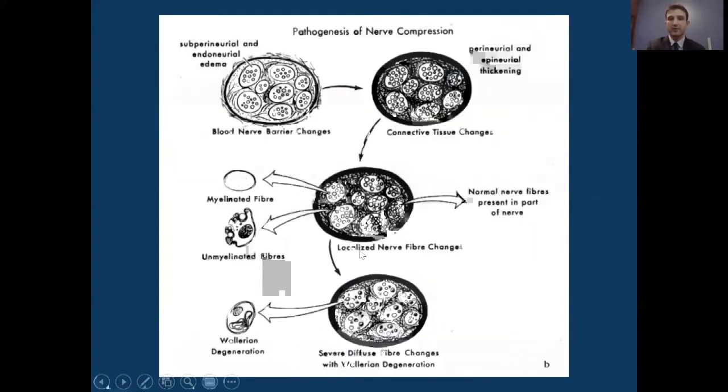So the problem with nerve compression is that really it's a mechanical problem that disrupts the blood flow to the nerve coating. And the coating, you could see here, this is a cross section. If you cut the nerve and look at it, it looks almost like a cable that goes to your TV. If you cut it and look down, you see the wires inside. Here, the coating, unlike the TV cable, is a live structure.